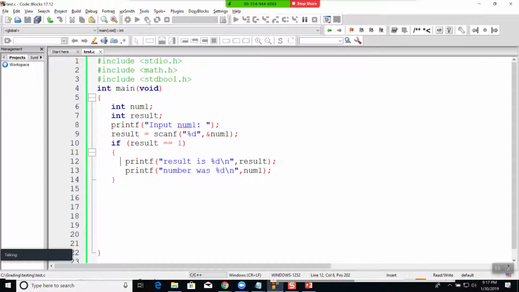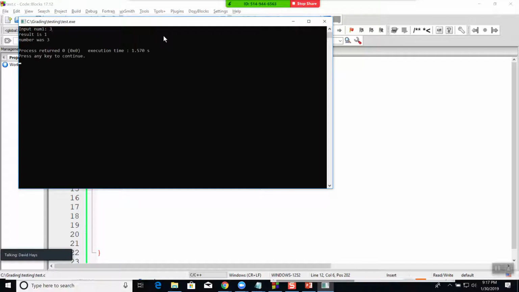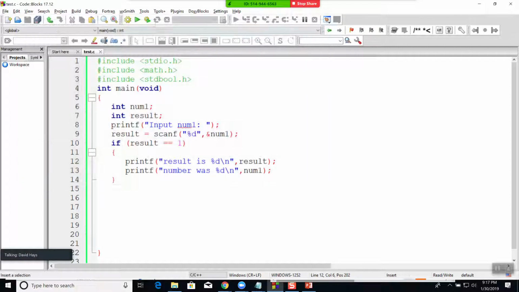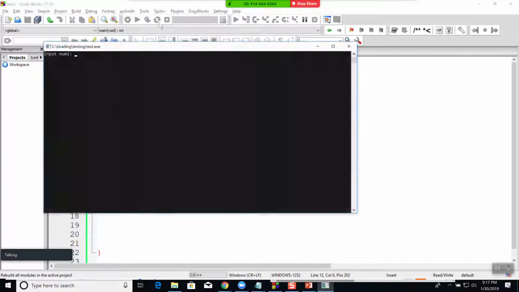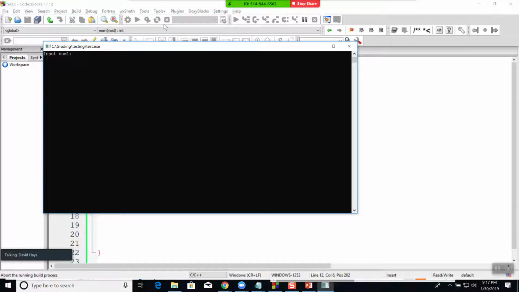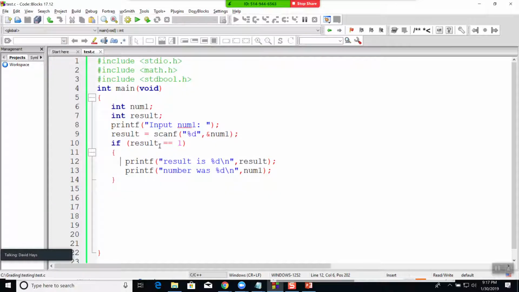Okay, so if I ran this now, put 3 in, comes back, result is 1, number is 3. Let's see, a computer hacker. Blah blah blah. Notice it didn't run my code, did it? Because I had the if statement here checking the result.